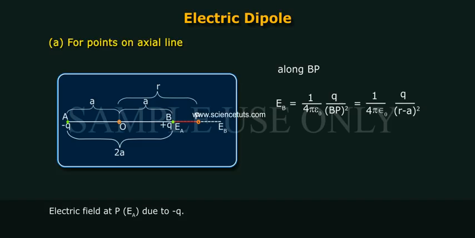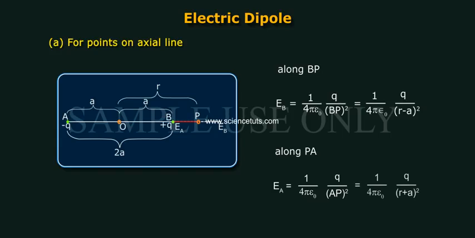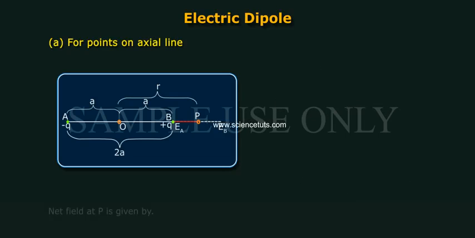Electric field at P due to -Q, EA. EA is equal to 1 by 4 pi epsilon naught, Q by AP square, along PA, which is equal to 1 by 4 pi epsilon naught, Q by (R plus A) whole square.